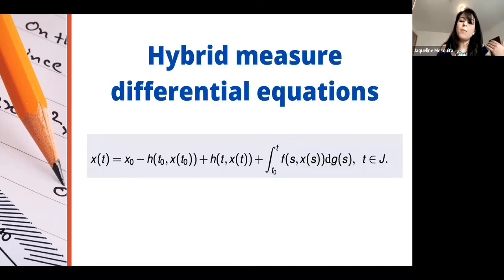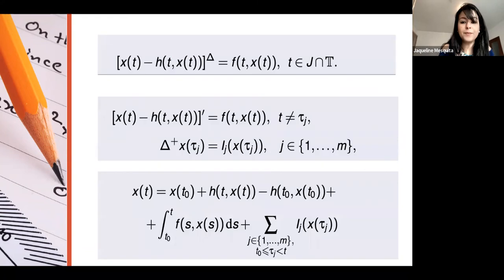As we saw before, these types of equations, including measure differential equations, can encompass many types of equations. Here, this type of dynamic equation on time scales can be encompassed in this one.